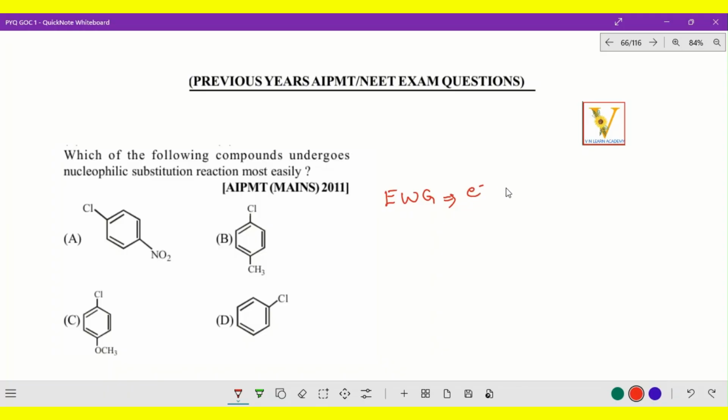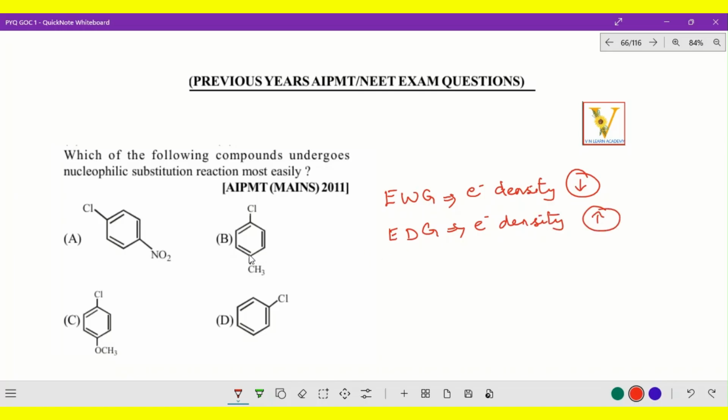Electron density decreases in an electron withdrawing group, and in the same way, in an electron donating group, electron density increases.